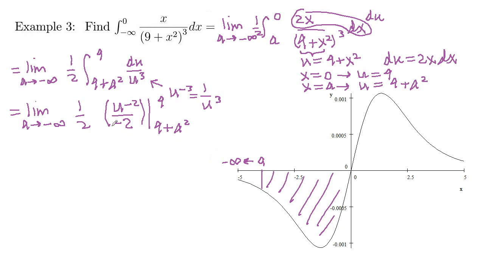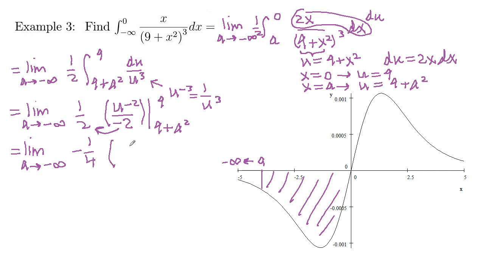So this 1/2, negative 2 in the denominator, that's a negative 1/2. We can factor that outside of the evaluation and put it with the 1/2 that's out in front. And then u to the negative 2 is 1 over u squared. So we can rewrite this as limit a is approaching minus infinity. Got a negative 1/4 out in front.